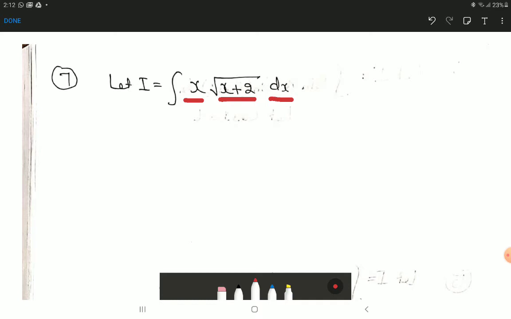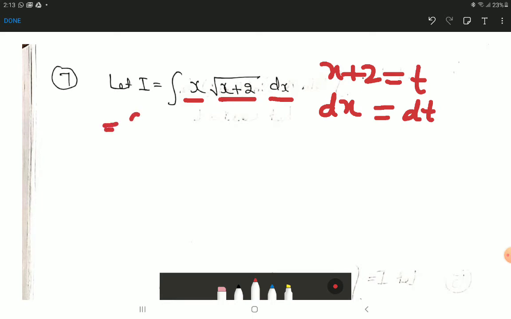The problem is this binomial. So I want to reduce this binomial to a monomial. For that we may take x plus 2 to be t. Now differentiate both sides. Derivative of x is dx, that of 2 is 0 and that of t is dt. So now it becomes integration of x plus 2 is t, so x will be t minus 2.